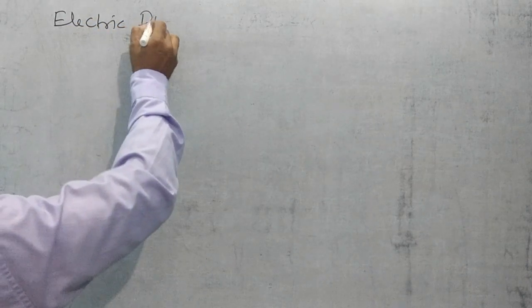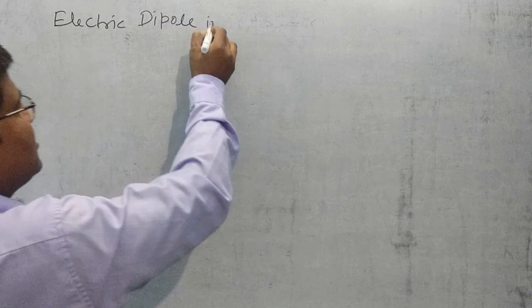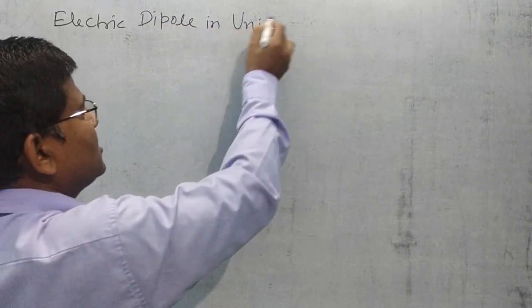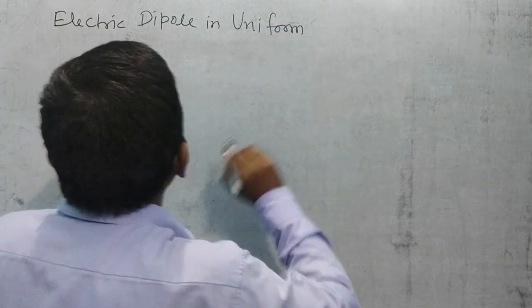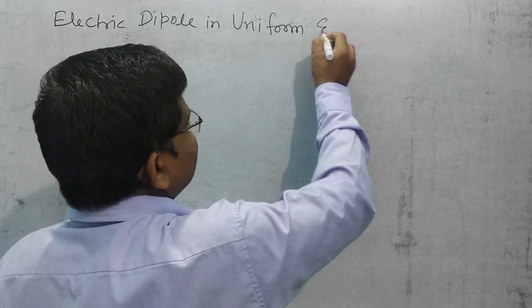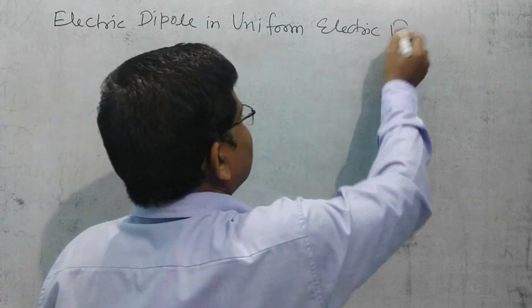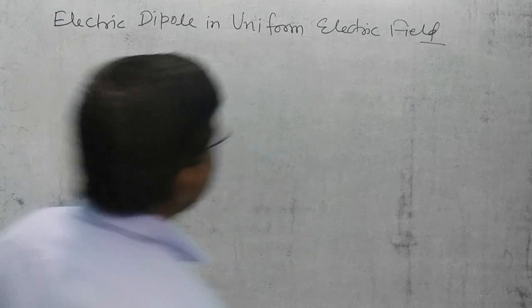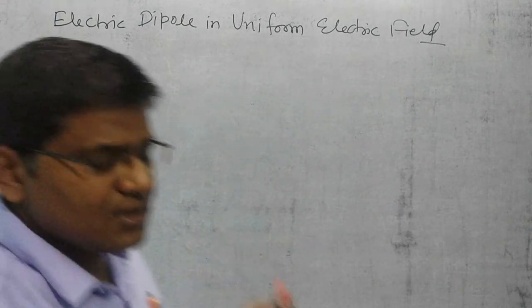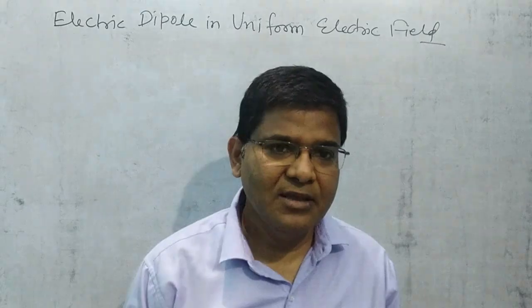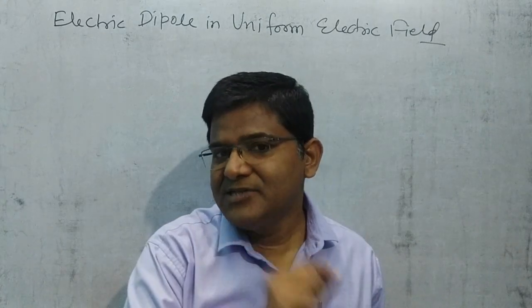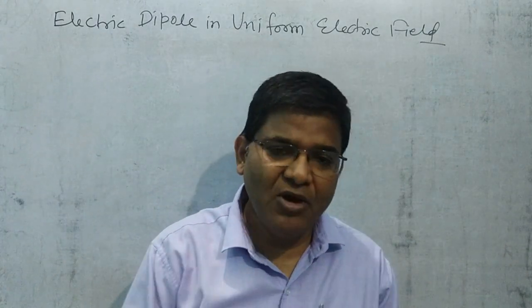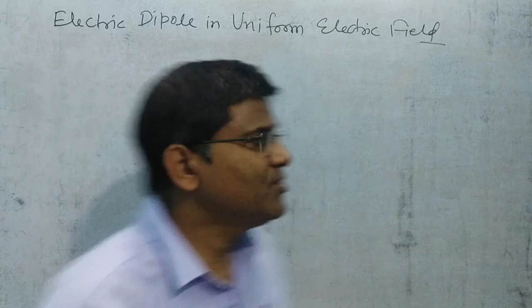Electric dipole in uniform electric field. Uniform electric field means the space or region where the electric field at each point is the same, and non-uniform is not the same.